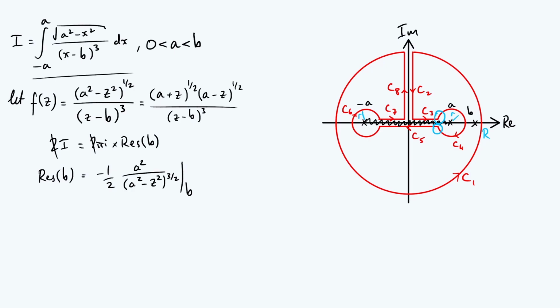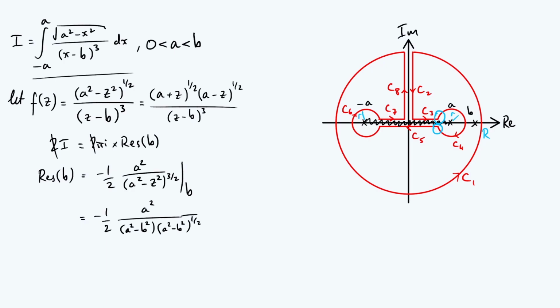We can already see that because b is bigger than a, if we do a squared minus b squared and then do the whole thing to the power of 3 halves, you're going to get an imaginary quantity, but the question is, is it positive imaginary or negative imaginary? Now, to figure it out, we are going to split up the denominator into two factors. We're going to write it as minus a half a squared over a squared minus b squared. At this point, I'm substituting b in place of z, so a squared minus b squared, and then a squared minus b squared again, this time to the power of a half, so you've got 3/2 power in total.